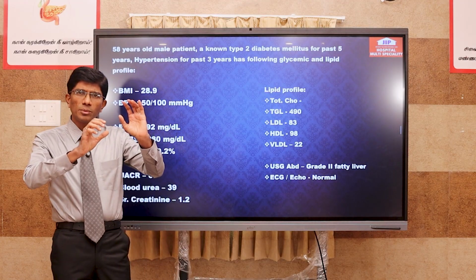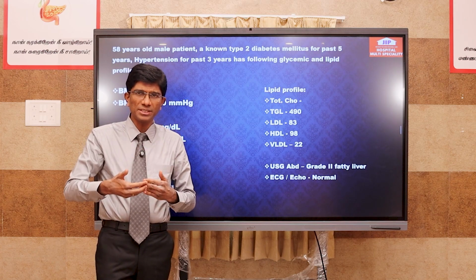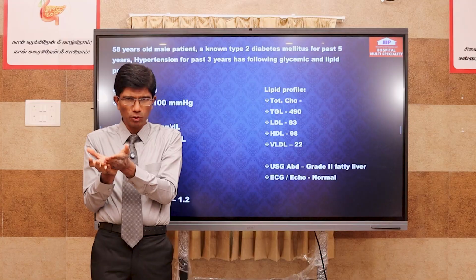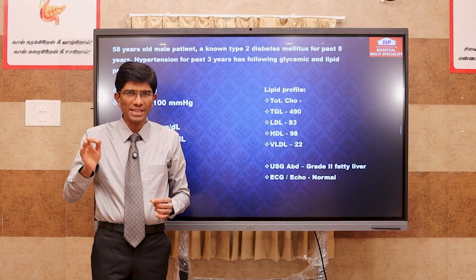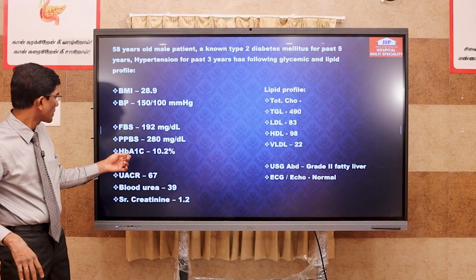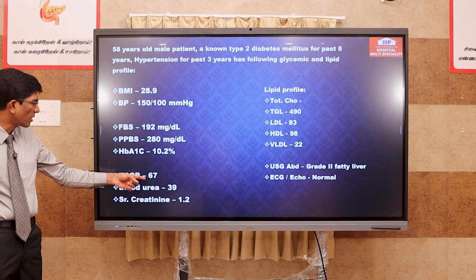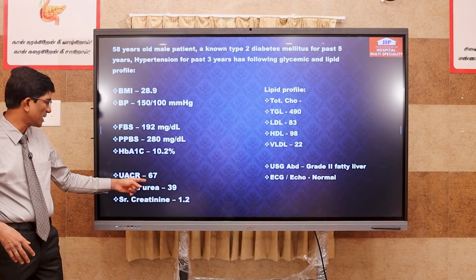So, someone with diabetes, if they present with hypertension, you have to explore whether the patient has any form of nephropathy. These patients should be ordered an albumin creatinine ratio. This patient has undergone albumin creatinine ratio; normal is 30 milligram per gram, and this patient has 67.